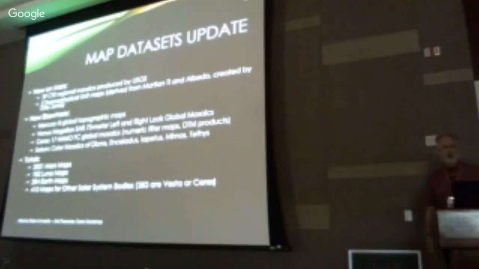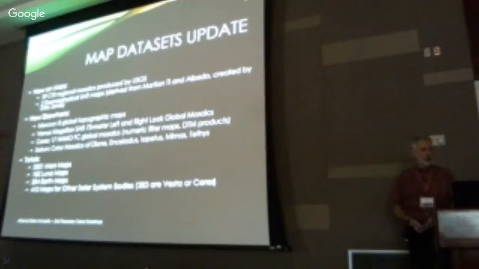But we actually have some new products. Those new CTX regional mosaics that were made for the landing site work are in there. We also have some interesting new material recently for Mercury, where I think we have 8 new topography-based maps: blended shaded relief, colorized radii, slope by degrees, that sort of thing.